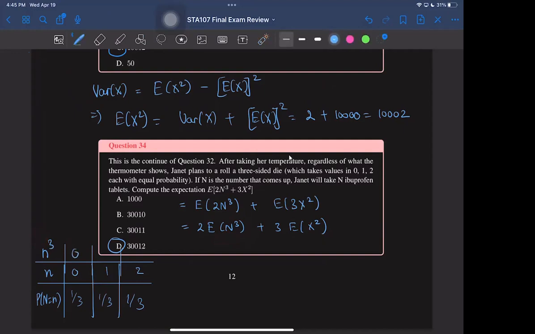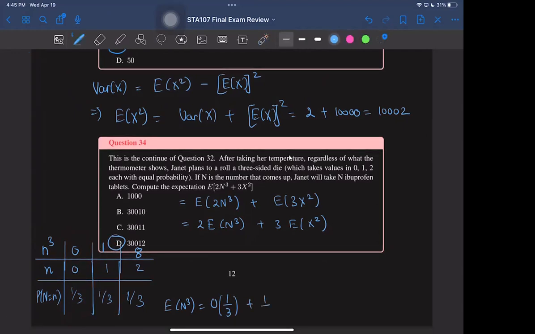0 cubed is 0, 1 cubed is 1, 2 cubed is 8. So now for expected value of n cubed, you go through each column, take n cubed, and multiply with the corresponding probability. So I have 0 multiplied with 1 over 3, 1 multiplied with 1 over 3, and 2 cubed is 8 multiplied with 1 over 3.